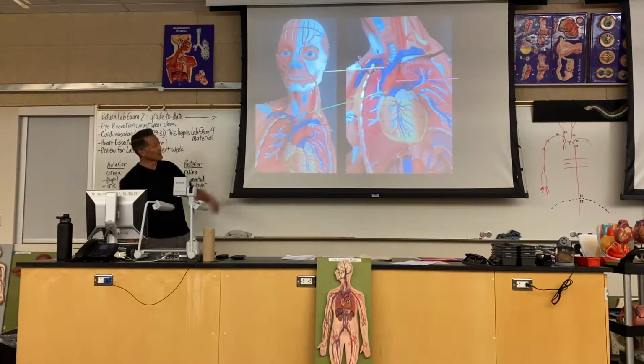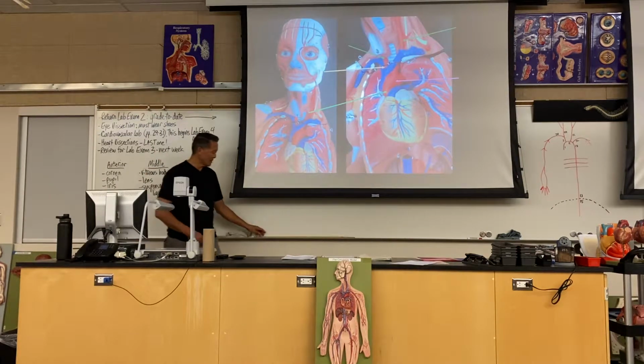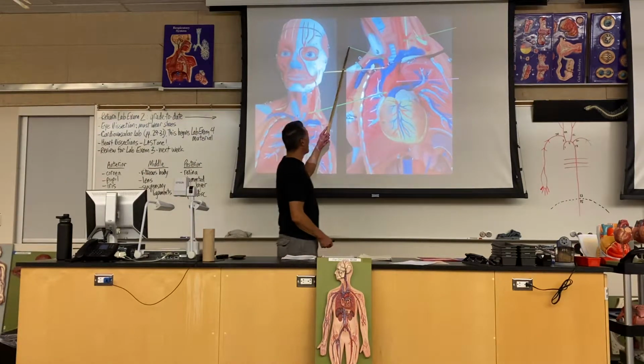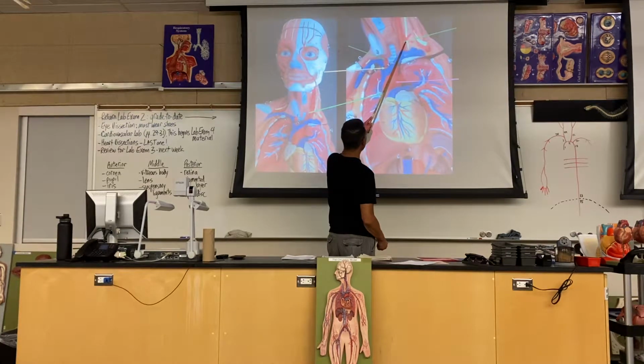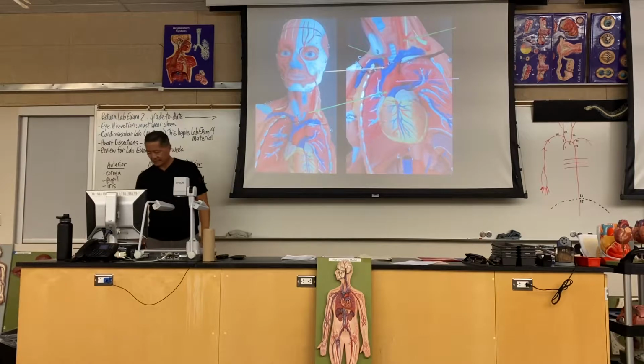Okay, that's 1 and 2 and 3. 1, 2, 3. 1, 2, 3. That's 4R and 4L. What's the 1, 2, 3? Same colors, right? 1 is green.